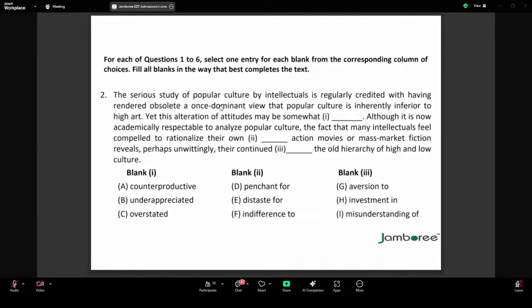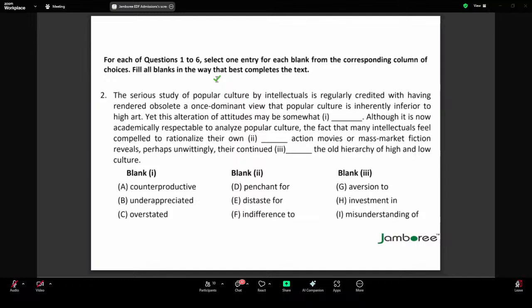Rendered has a lot of meanings, but here it means made. Now, it's very important for us to eventually start understanding what all these things are trying to say. When you study pop culture, I'll assume people are listening.